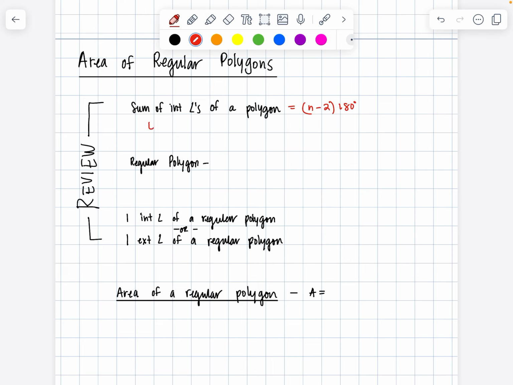Or let's say an octagon, something a little different. An octagon has 8 sides, so n is equal to 8. So we take 8 minus 2, multiply that by 180, and we end up getting 6 times 180.